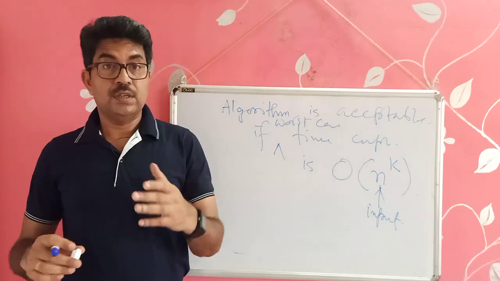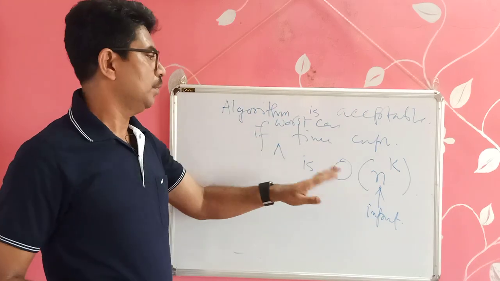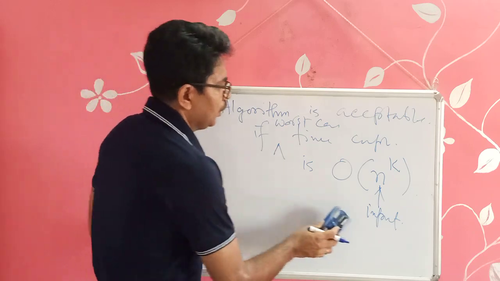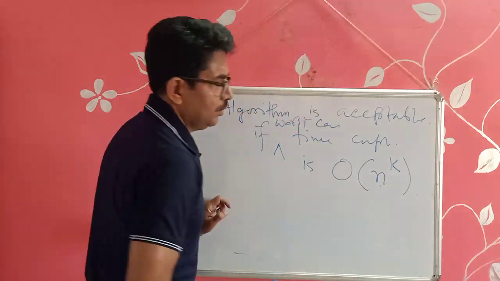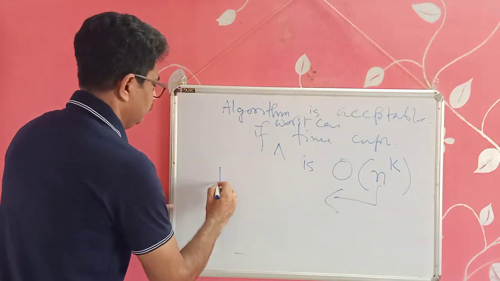That is our general view, or whatever we have learned till now. The meaning of this is that n to the power k is a polynomial of n.